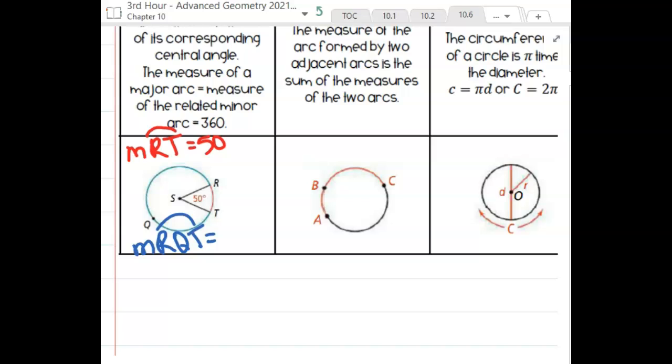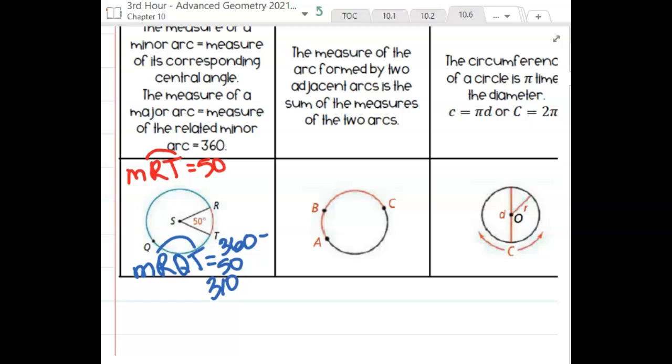I know that that little chunk is 50, so we take 360, which is all the way around the circle, minus that 50 degrees that's in that other arc, and it's going to be 310. So it's the rest of it. It's the measure of the related minor arc going the other way around the circle, subtracted from 360.